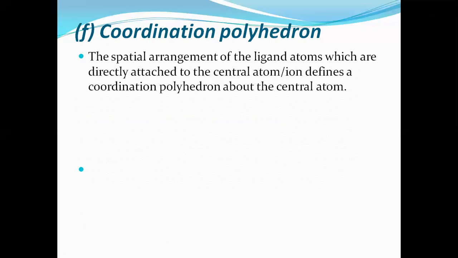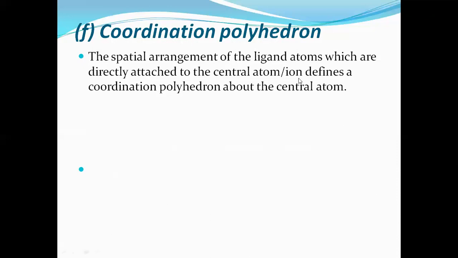Next is coordination polyhedron. In the beginning I said, according to Werner's theory, one of the postulates says secondary valence is nothing but the number of species or ligands present around the central metal atom, which decides the geometry. That geometry is called polyhedron.